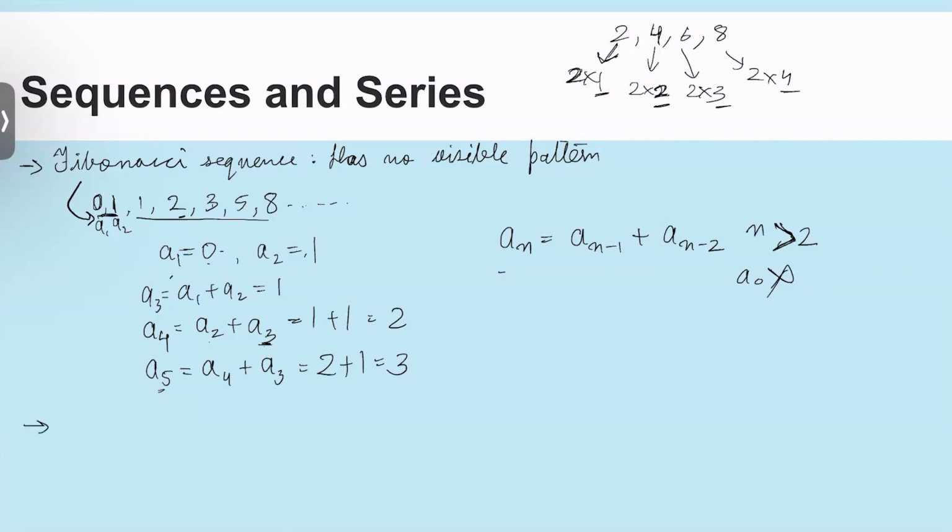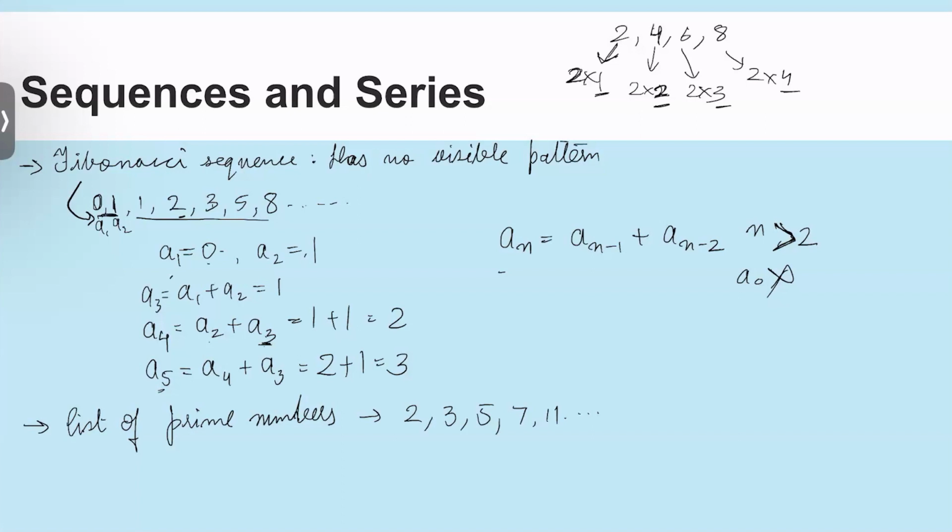Suppose you are asked to write the list of prime numbers. So the list of prime numbers that we have is 2, 3, 5, 7, 11, etc.